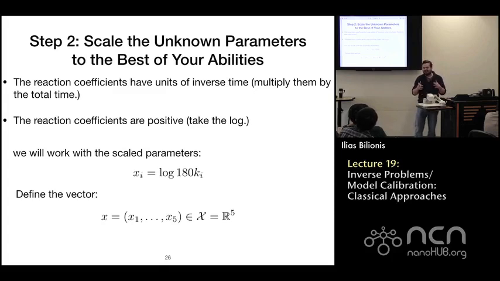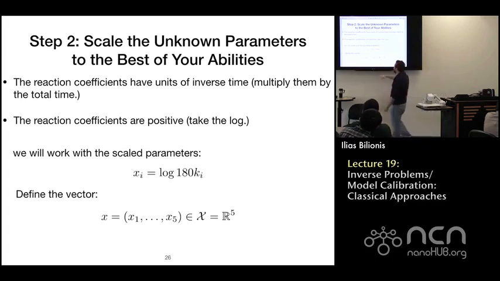So we can scale things to get rid of the units. Since we're measuring for 180 minutes and the units of K are inverse time, I'm just multiplying with 180 minutes to make the K unitless. But in your problem, you may want to do something else. So it's like 180 minutes times whatever K is, it's going to be a quantity that has no units.